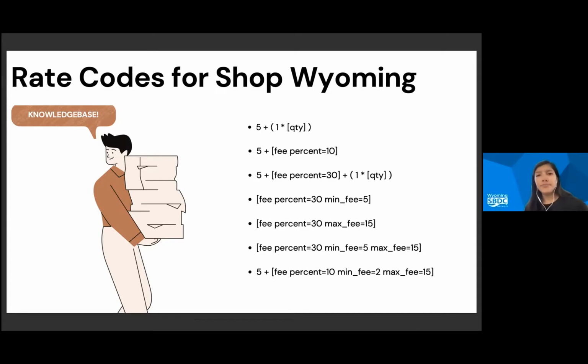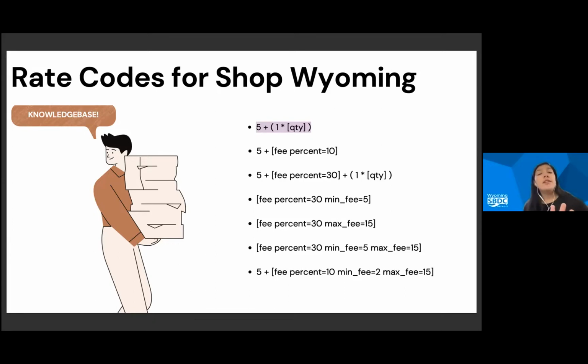An example is, instead of entering $10 on the flat rate, you can do what's on this first bullet point, where it says 5 plus parentheses, 1 star quantity. That means that for every other quantity of the item, they will add $1 to the flat rate.